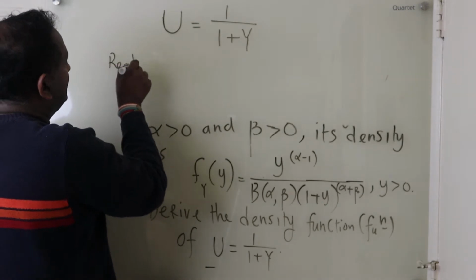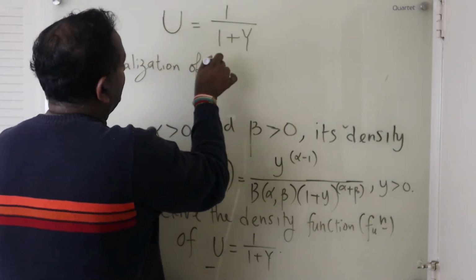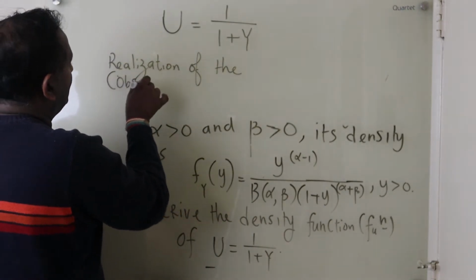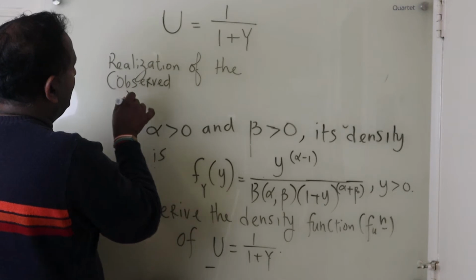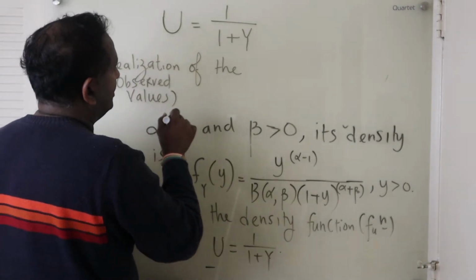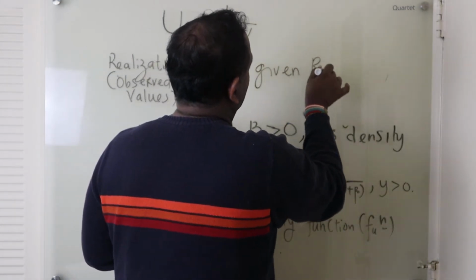Realization means observed values of the given random variable.